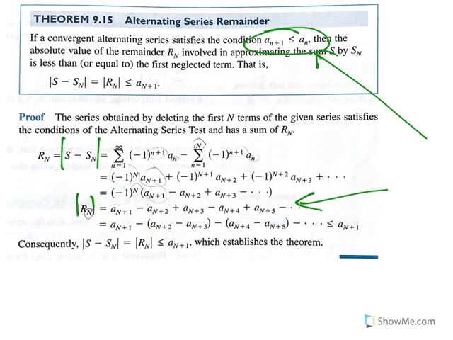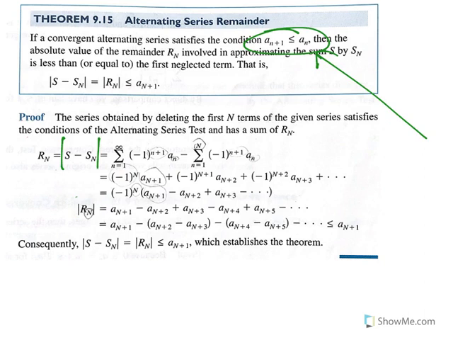So for that reason, we can write the absolute value because we know this is going to be positive. And all we did to make sure that it was positive was just get rid of this particular sign. If it had been negative, we would just get rid of that. So now you just group pairs of terms.